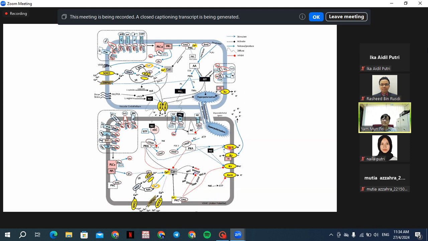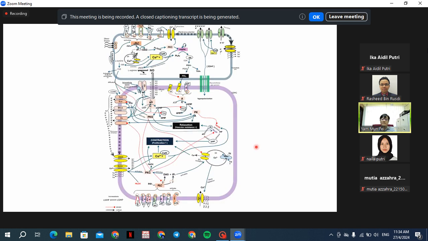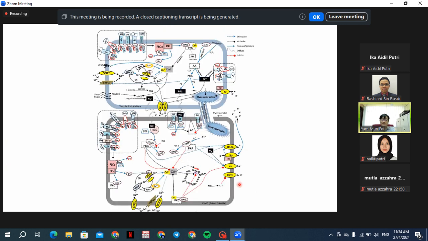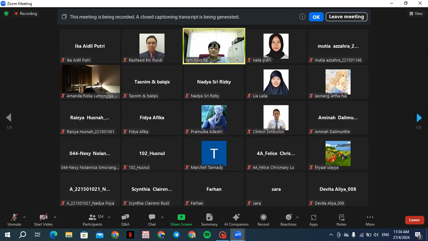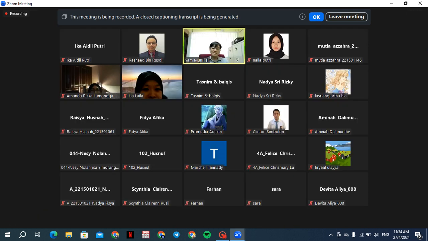For example, if I plan to study calcium and potassium channels, I go and buy the blockers, then challenge with your drugs, and you're able to come out with a solid conclusion. This is another drawing for potassium for this vasculature. So I stop here. Any questions you want to ask?